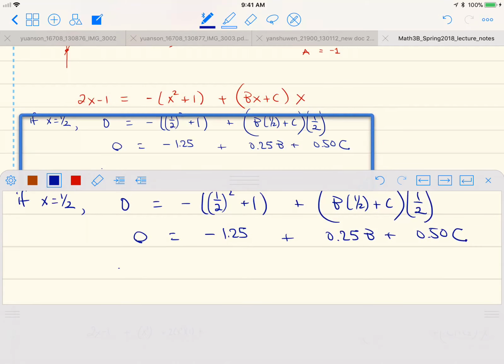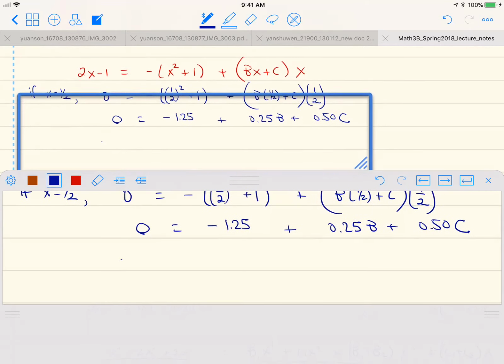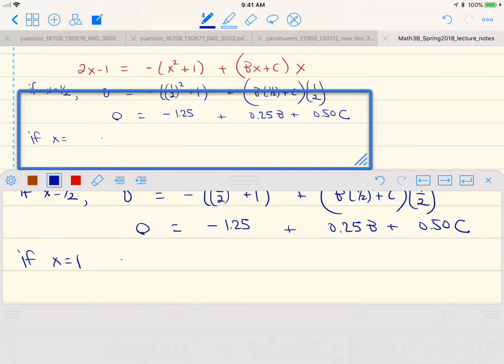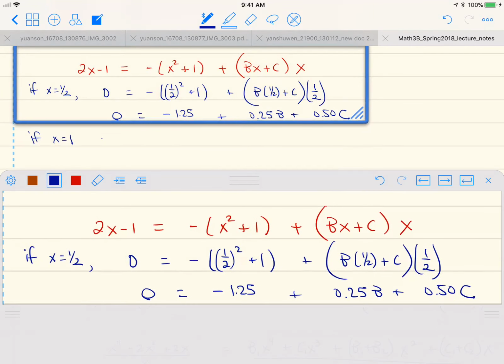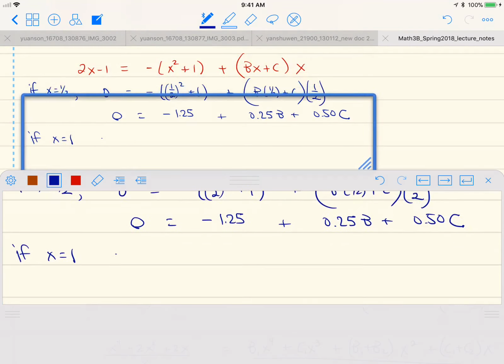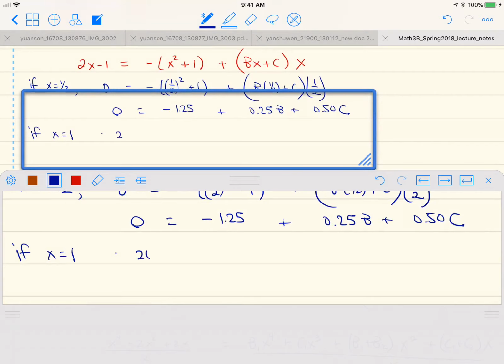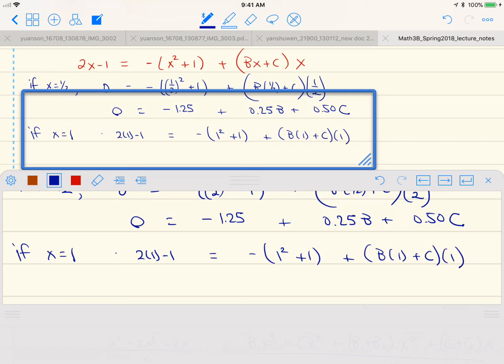And then I would test another point, maybe plug in x equals 1. If x equals 1, then the left-hand side is 2 times 1 minus 1, which is going to be -1 squared plus 1 plus b times 1 plus c times 1.